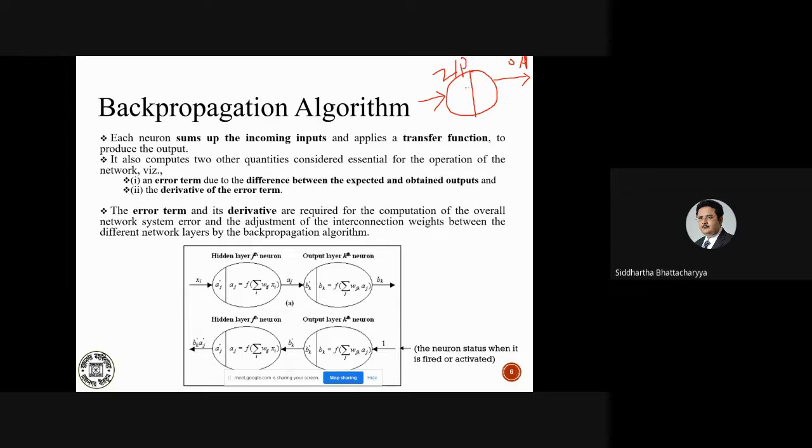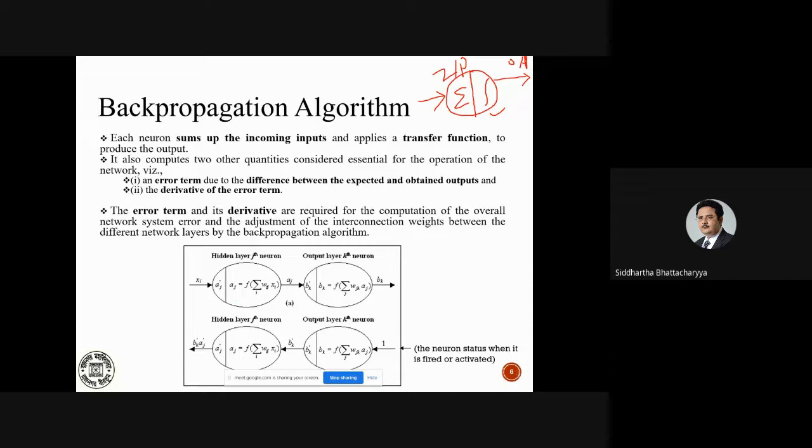Some processing, summation, is going on over here, and then some activation function is also used. So let us suppose that this neural network comprises two compartments like this. It is a very simple form of the entire architecture, just a snapshot for better understanding.